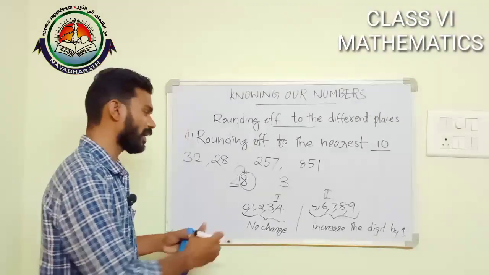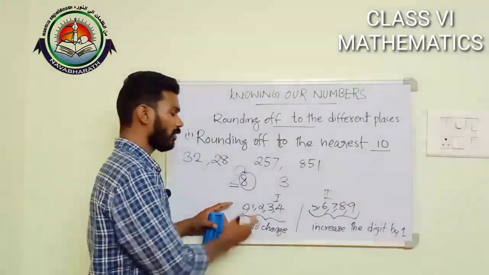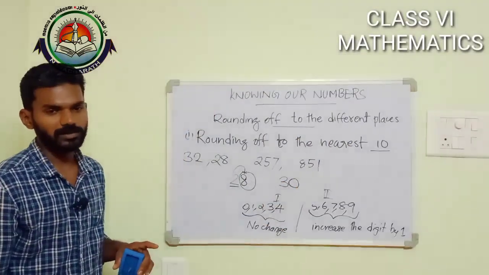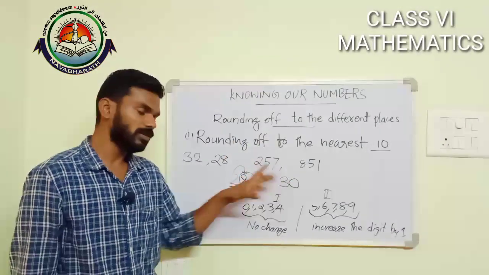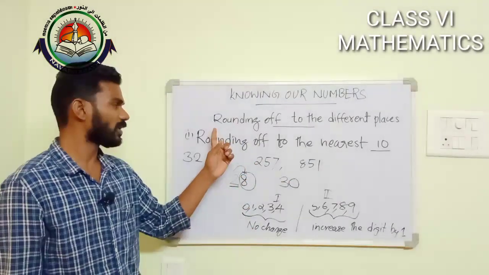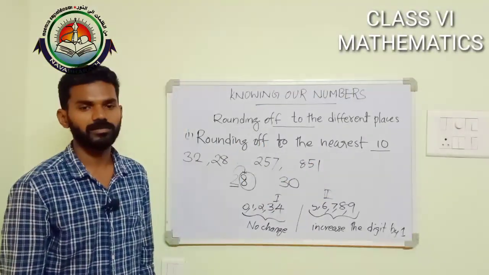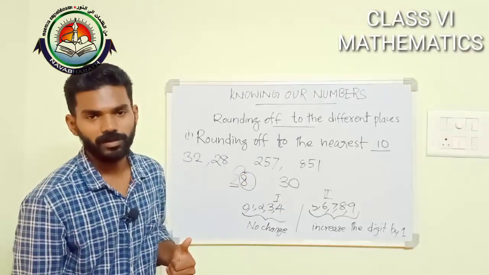Next, you have to change all the remaining digits on the right side to 0. Clear? So that 28 can be rounded off to 30 if we are considering rounding off to the nearest 10. So this is how rounding off can be done.